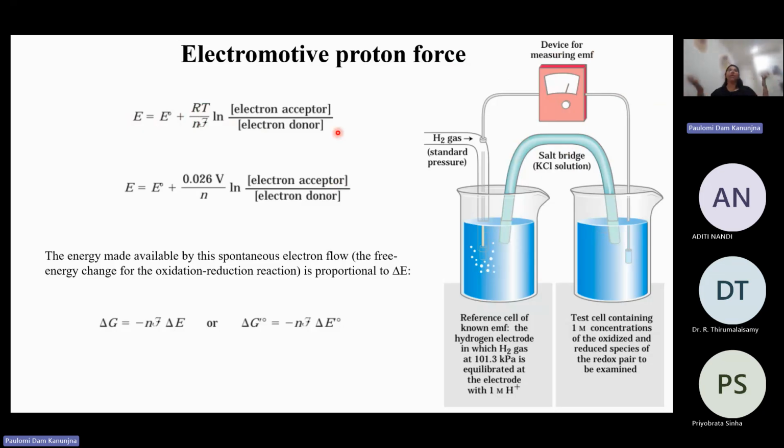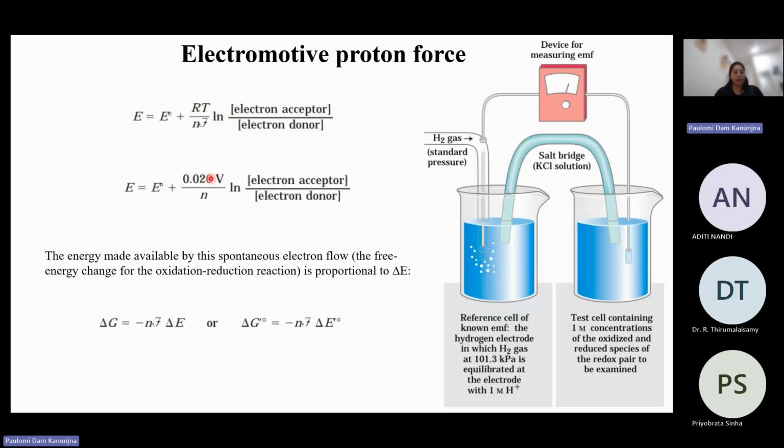If you look at the delta G formula, you can convince yourself that they look similar, and this is key for you to remember both formulas. So E naught plus RT ln, the difference being the Faraday constant here, ln acceptor over electron donor.